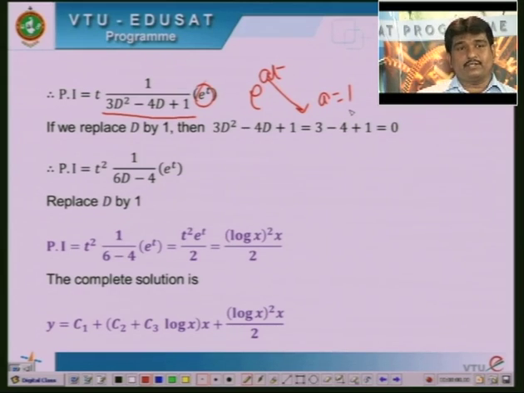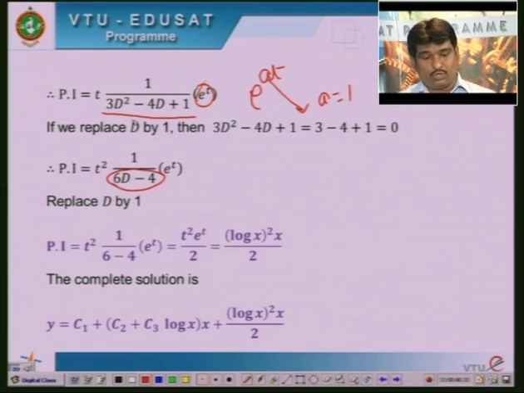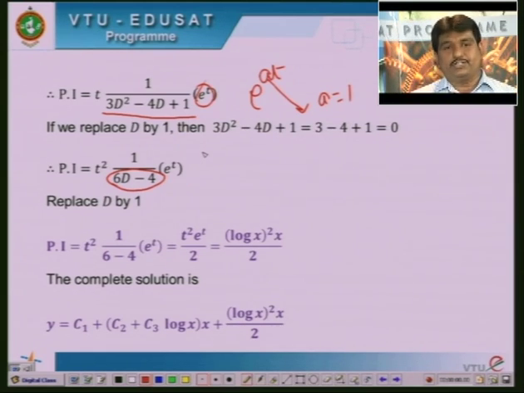So the rule is t square into 1 by f double dash of D. This is the derivative of the denominator. The derivative of 3D square minus 4D plus 1 is 6D minus 4 operated on e to the power of t. Now you can replace D by 1 here. It is t square into 1 divided by (6 minus 4) e to the power of t, which equals t square e to the power of t divided by 2.